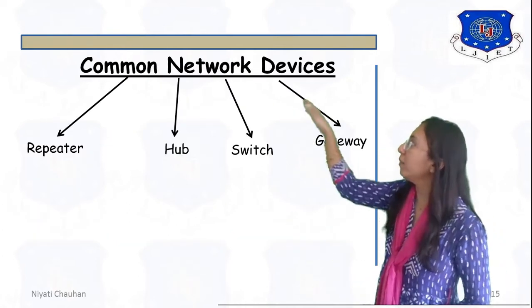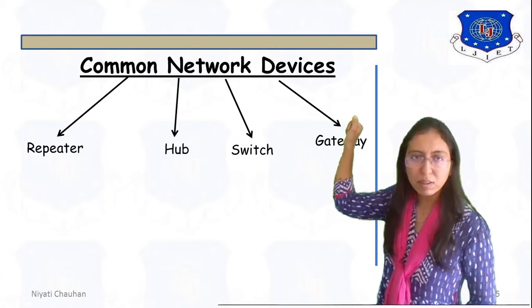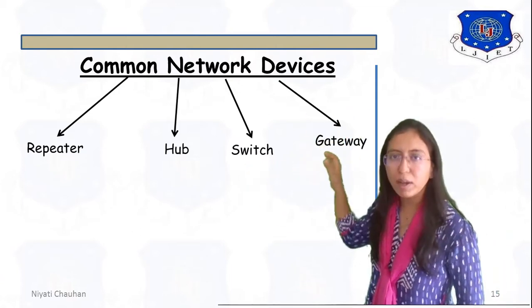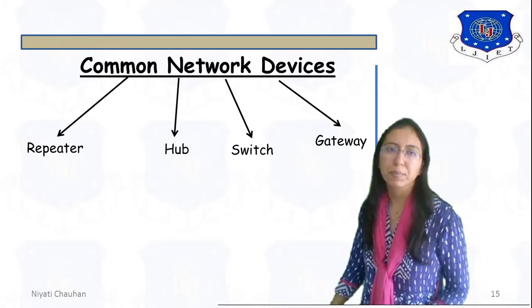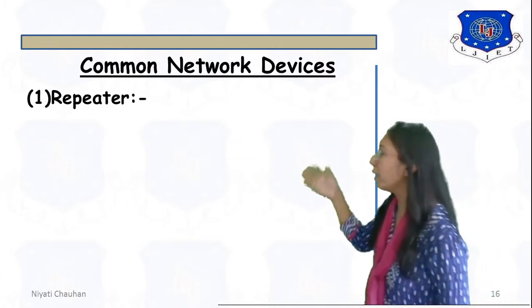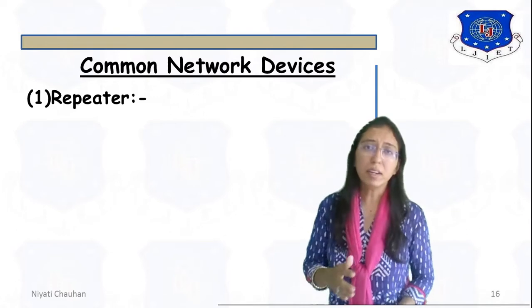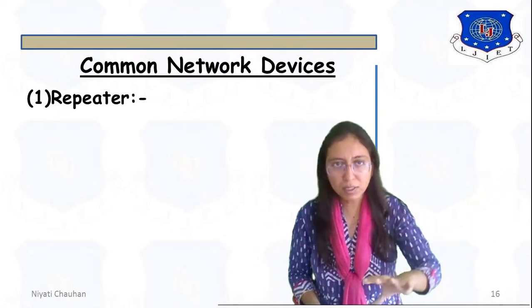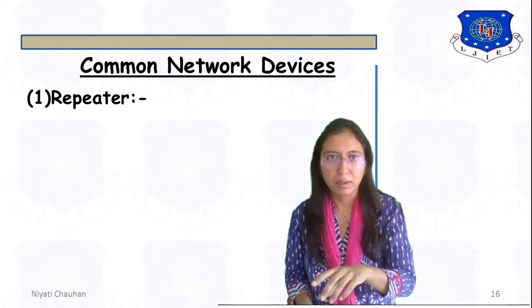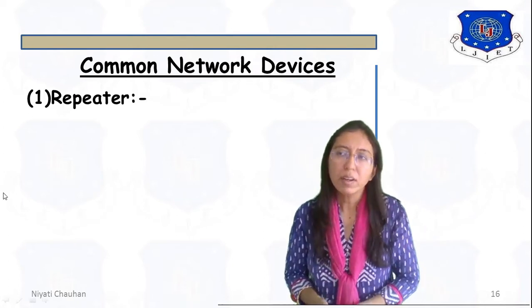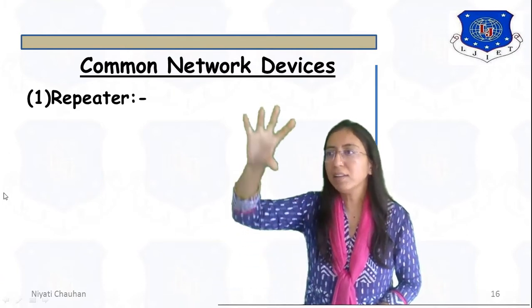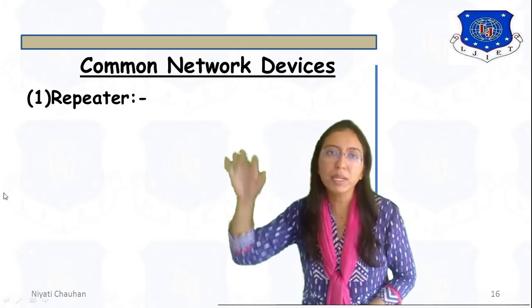Common network devices: first, repeater, hub, switch and gateway. In a repeater, we send our signal to the repeater, and here we can increase the length of the peak to peak value.